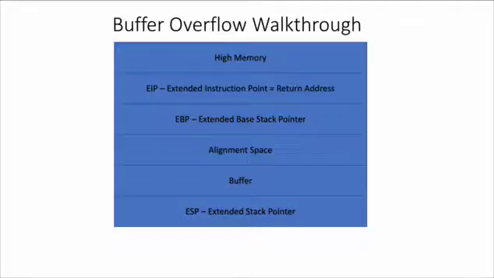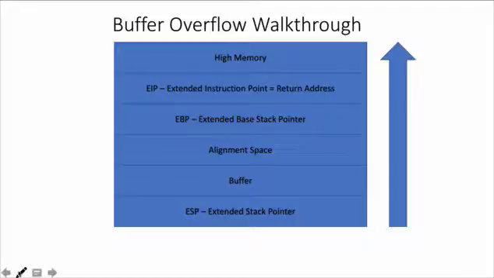Okay, so here is your buffer overflow walkthrough. And let's take a look at how the buffer fills. So the buffer fills from the bottom up. And this is literally an example of how the buffer works. It's different for different architectures, but the concept is exactly the same.